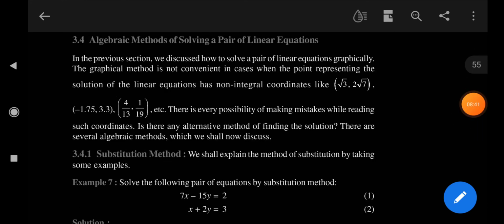Now we are going to another concept, 3.4, algebraic method of solving a pair of linear equations. In the previous sections, we discussed how to solve a pair of linear equations graphically.